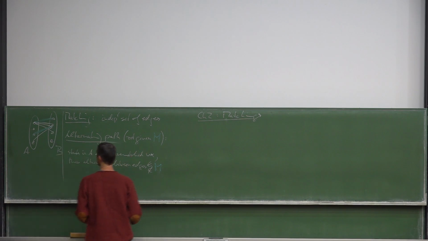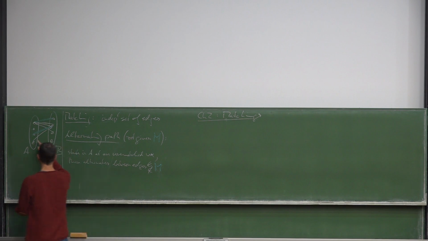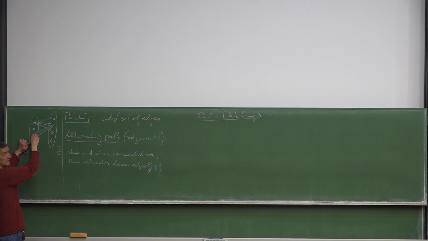Okay, let's do it here. So if we start at an unmatched vertex here, then the next edge has to be in M. And then the next edge after that would have to be outside M, so we can't continue in this case. We might continue here if this edge existed, or we might continue there.